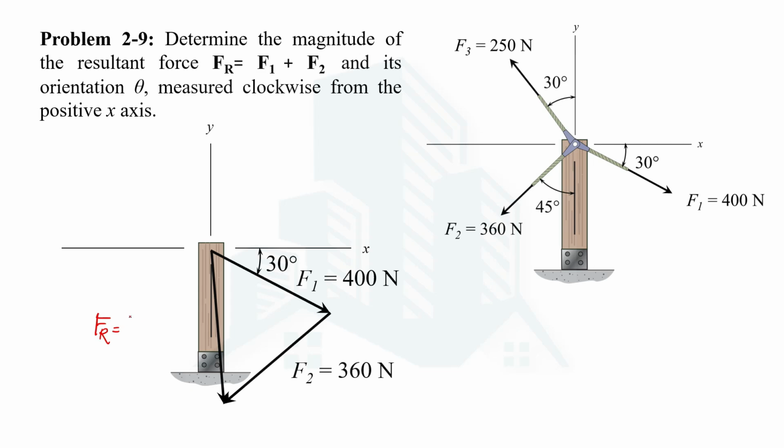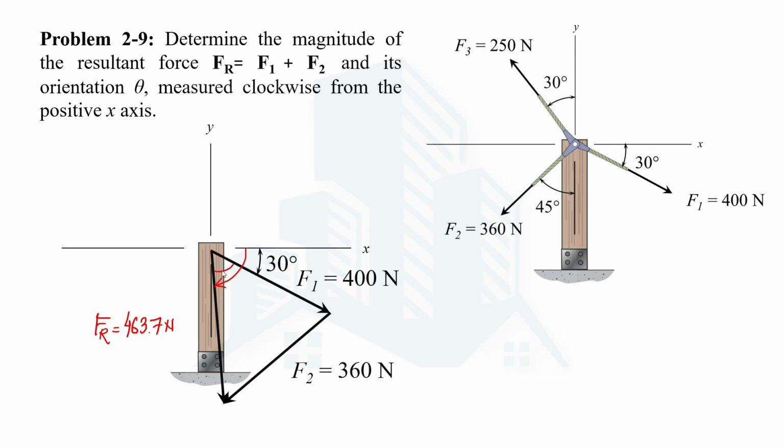So we have just calculated the value of the resultant force, which is 463.7 Newton. Now we want this theta, which is actually the angle measured clockwise from the positive x-axis, meaning this angle we need. This angle can be calculated if we can calculate this interior angle of this triangle.